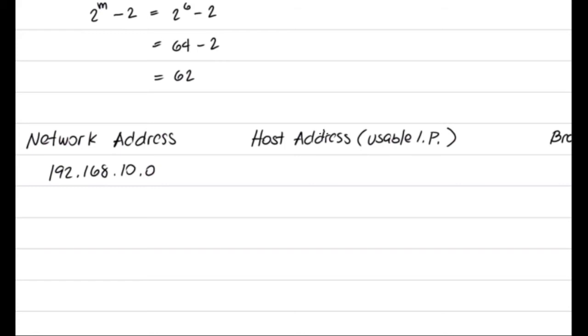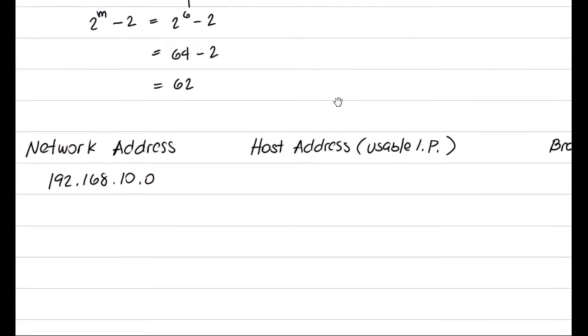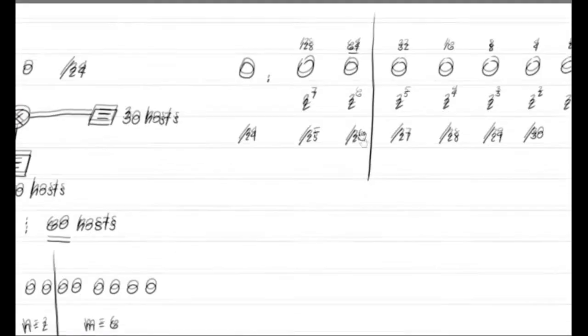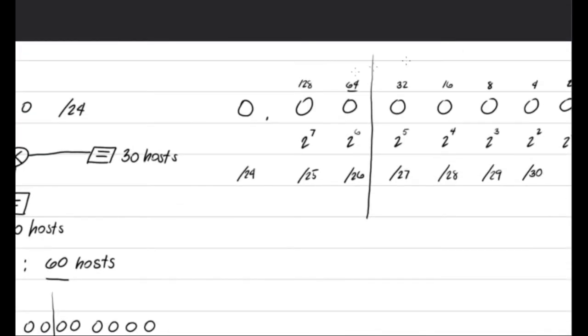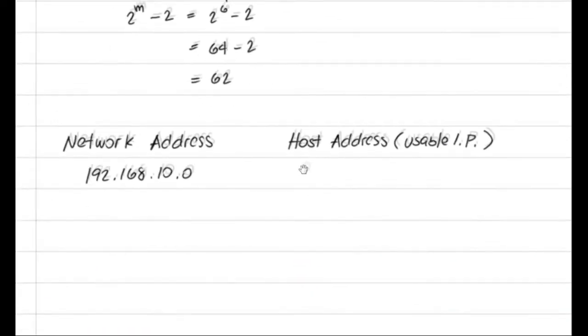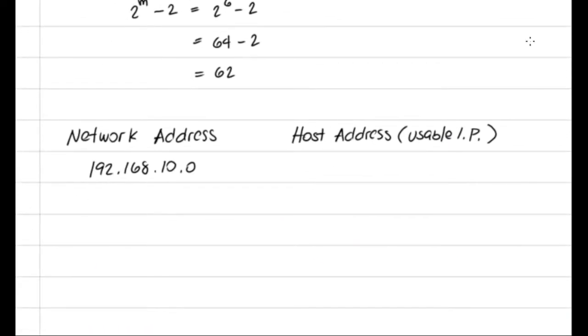Okay, so now we will determine our increment. Since 64 is our host, automatically 64 will be our increment. So we will use the increment to add to the network address. It will be added to the last octet. So that's 0 plus 64.